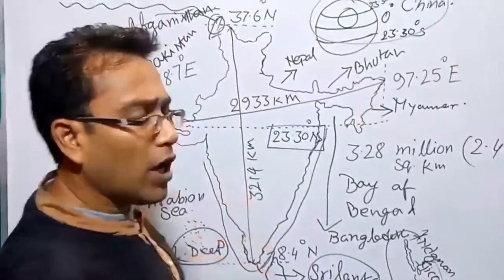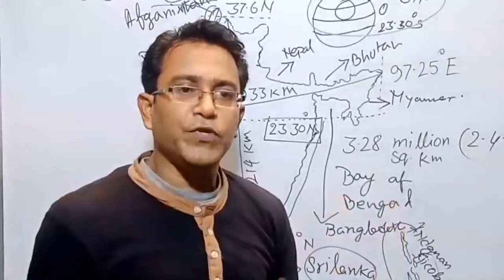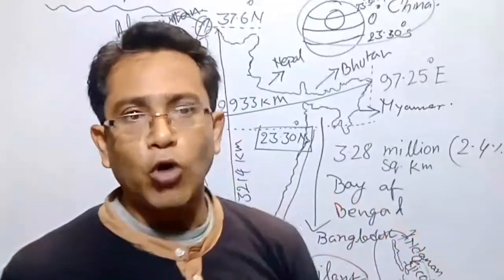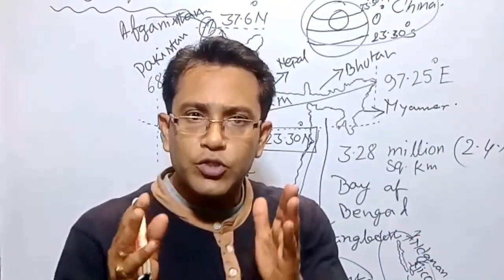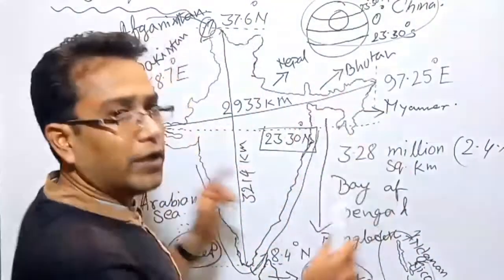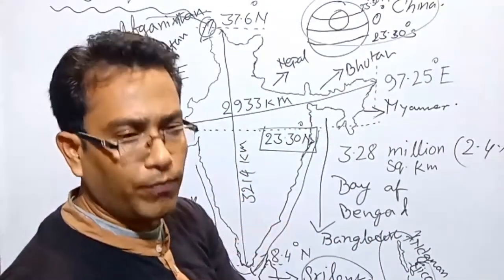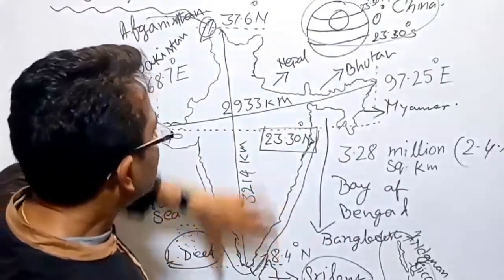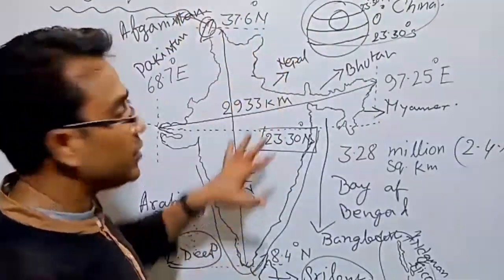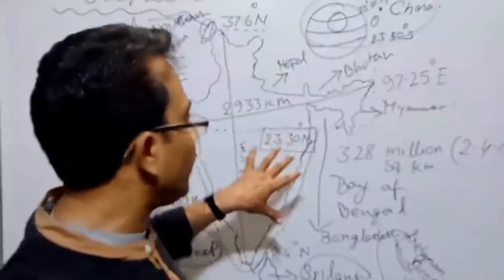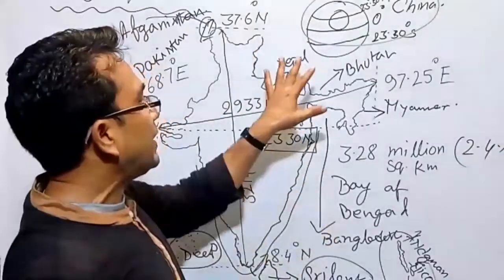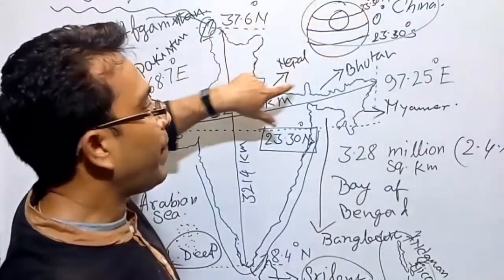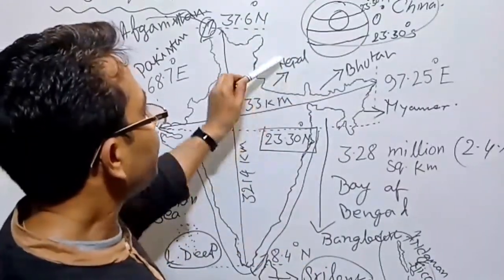According to our world map, you will find a physical map of the world in the form of a globe on the first page of your chapter, where the location of our country in the world is given clearly. In this map you will find our neighboring countries. On the northern side there are three countries, mainly China, Nepal and Bhutan.